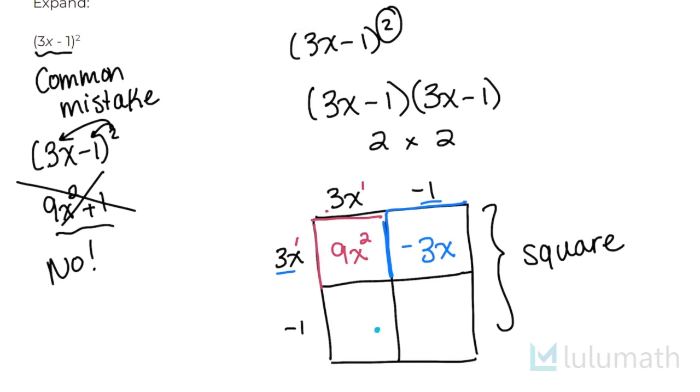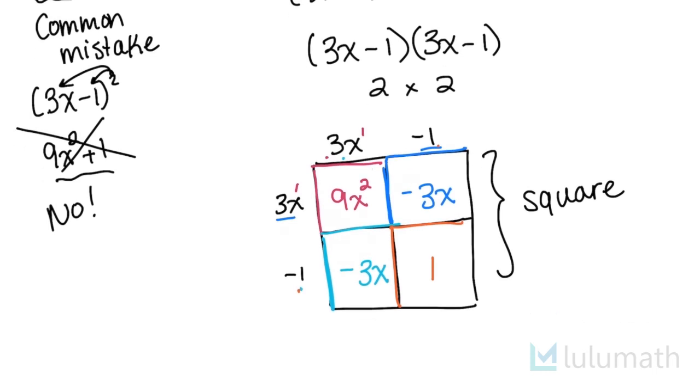In my next box, I'm going to multiply a side length of -1 by a side length of 3x. So -1 multiplied by 3x is -3x. And then in my last box, I'm going to multiply a side length of -1 by a side length of -1, and -1 times -1 is +1.